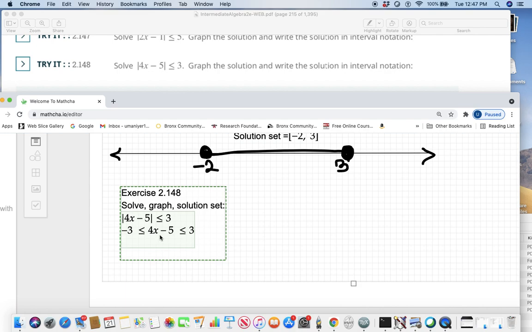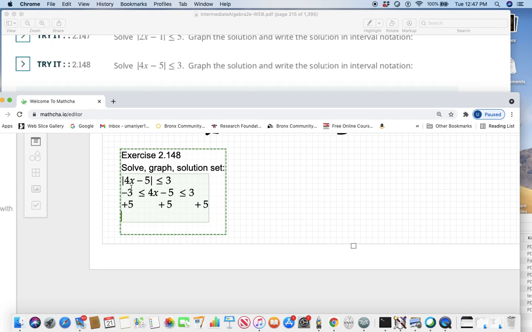Now you go about isolating x. So add 5, add 5, add 5. There are 3 expressions to add 5 to. Okay, they are separated by these inequalities. Negative 3 plus 5 is 2, less than or equal to 4x, less than or equal to 3 plus 5 is an 8.